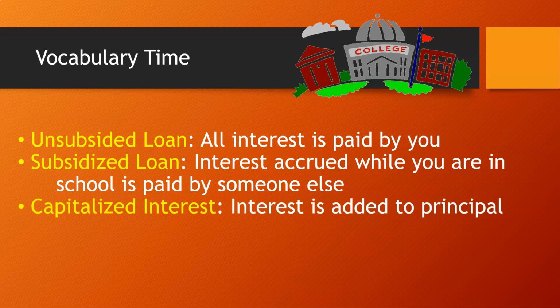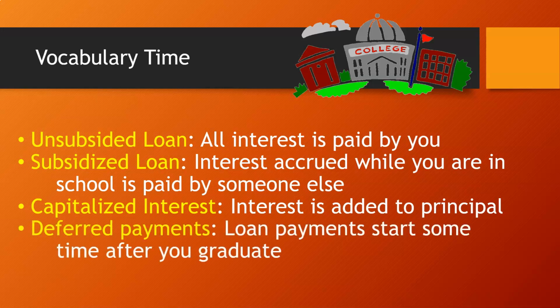If interest is capitalized, that means that the interest that's accruing while you're in school is going to be added to the principal on the loan. And if you have deferred payments, that means that the loan payments will start at some point after you graduate. So there's kind of a grace period.